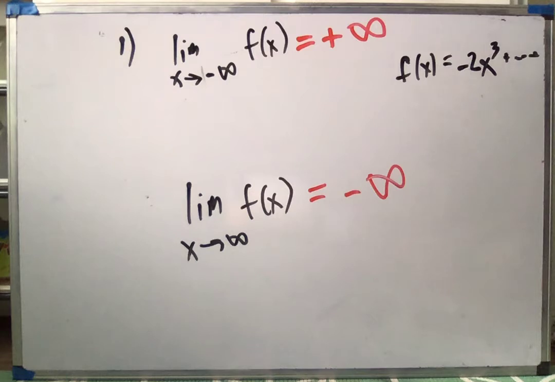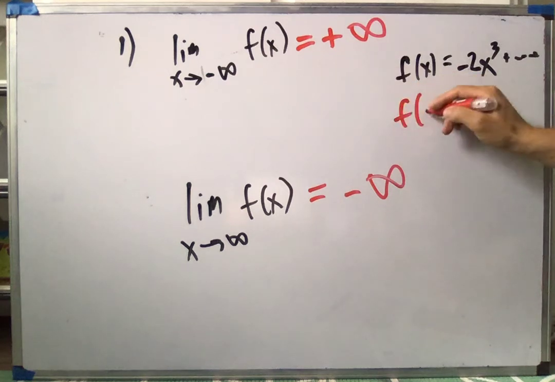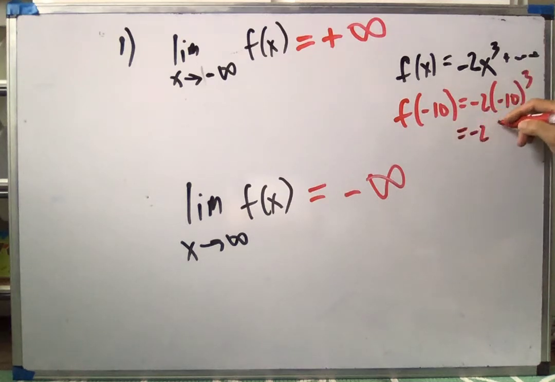Alright, so that's it. Now to give you just a little more intuition, if that did not make sense to you, let's try sticking in an actual number. If I stick in a million, it's harder to work with. Let's just stick in something smaller that we can see clearly, like 10. If we're doing the negative case first, let's do f of negative 10. That's negative 2 times negative 10 to the third power, which is negative 2 times negative 1 with 3 zeros, right?